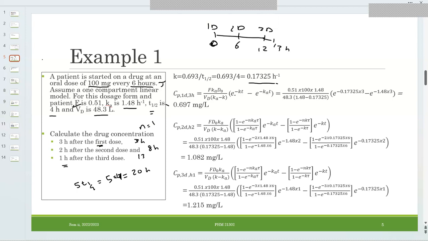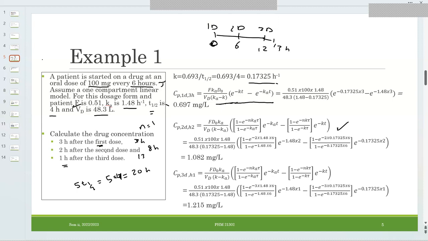If N is equal to 1, you can just use the original equation that we used in the first lecture when we discussed oral absorption, this simple equation that doesn't contain the term N doses, since we are talking about one dose. If you apply it in the big equation, it still works and will give you the correct value, but it is a bulky equation, so no need to use it.